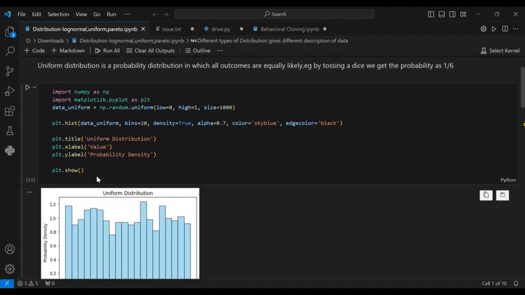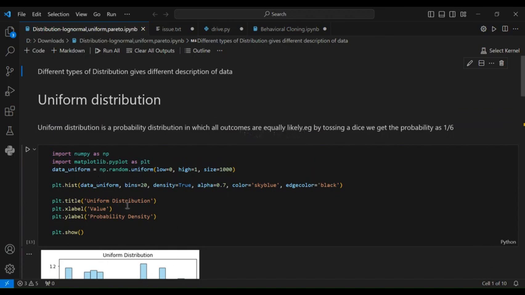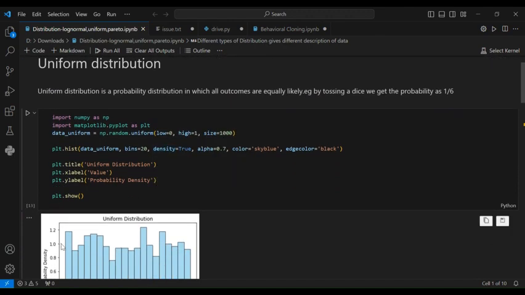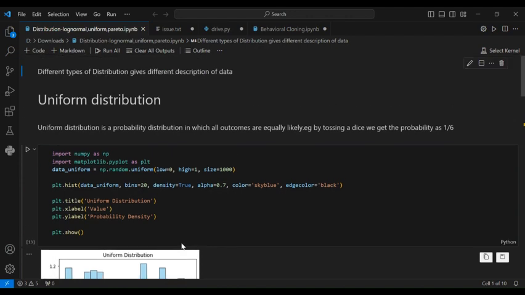This is how the uniform distribution looks. The values lie in a range from this to this, like over here you can see it's lying between 1.0 and 1.2. It's almost the same. This type of distribution comes up in data science, and in some of the features you will get it.